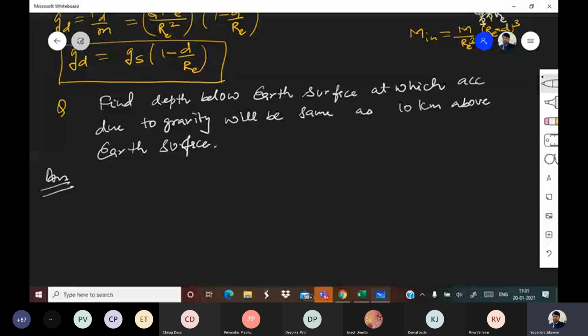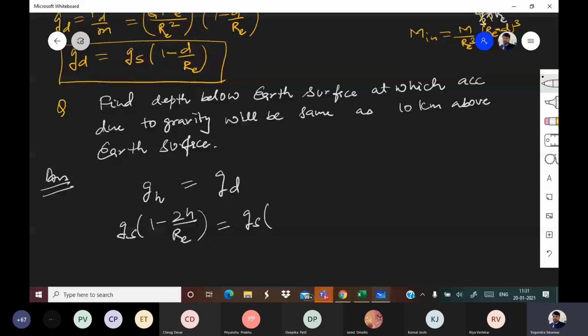So as per the question, g_H is equal to g_d, right? How much is g_H? g_H is g_S into 1 minus 2H upon R_E. How much is g_d? g_d is g_S into 1 minus d upon R_E.